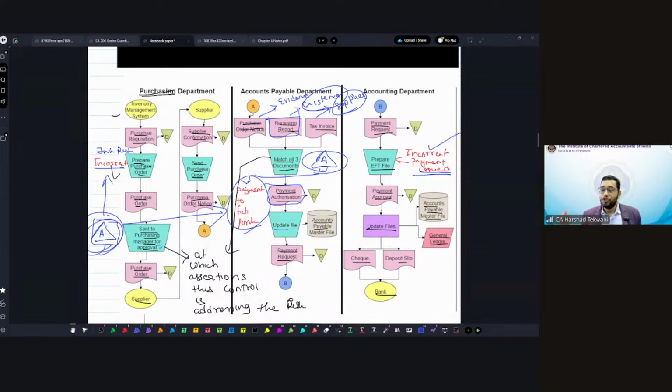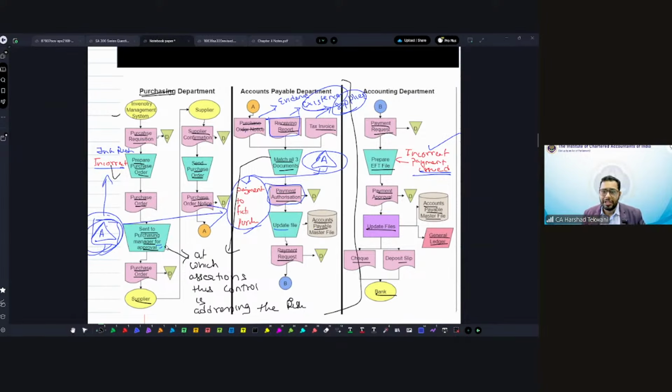No payment should be rushed, no payment should be issued without verification. So someone thought about this control, this structure, that data should come from here, data should come from here. Someone designed this structure.